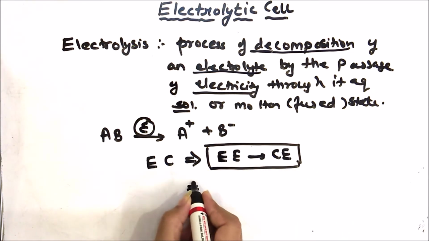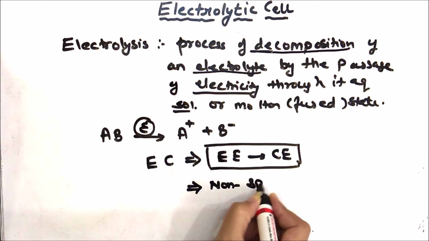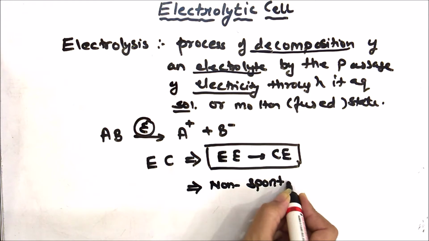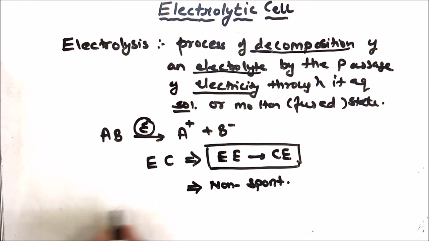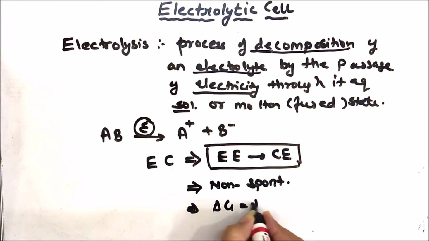And the second point, you have studied that these are non-spontaneous cells, right? Their delta G value is positive because they are non-spontaneous. So now let's move to the next topic, which is the fabrication of the electrolytic cell.